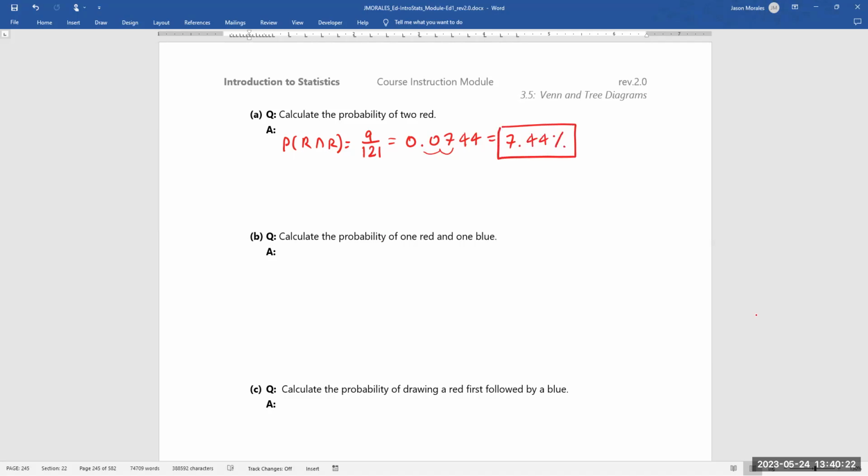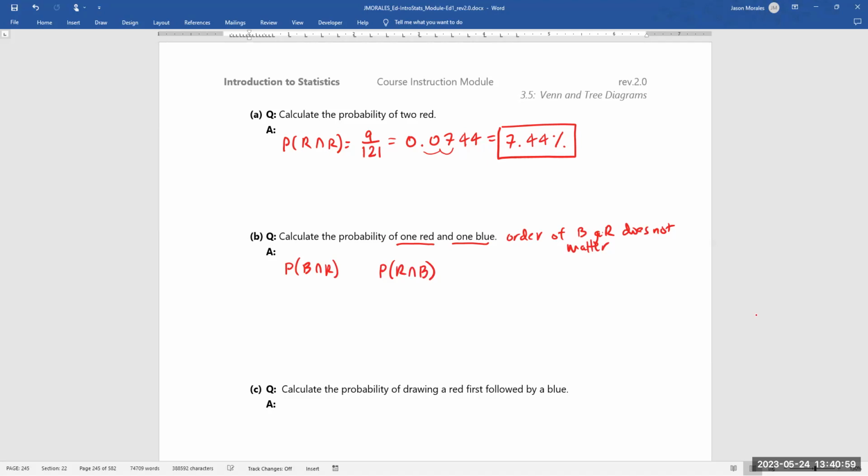Okay, next, let's calculate the probability of 1 red and 1 blue. So when we look at the probability of 1 red or 1 blue, the order of blue and red does not matter. So what we could get is we could have the probability of maybe getting blue first and the probability of getting red first.